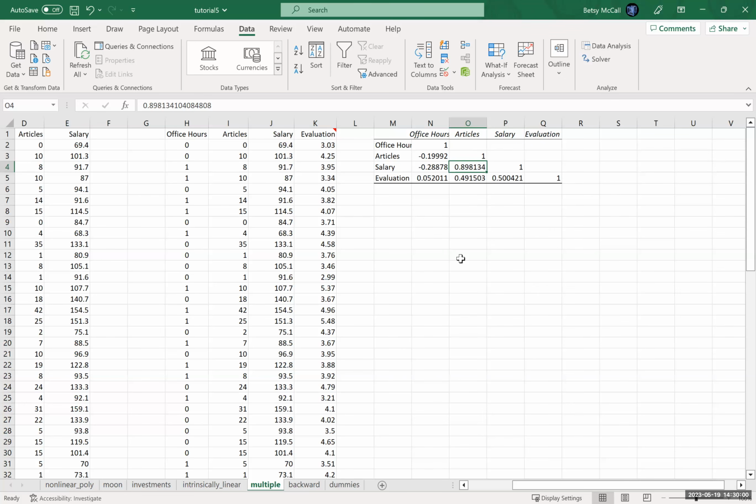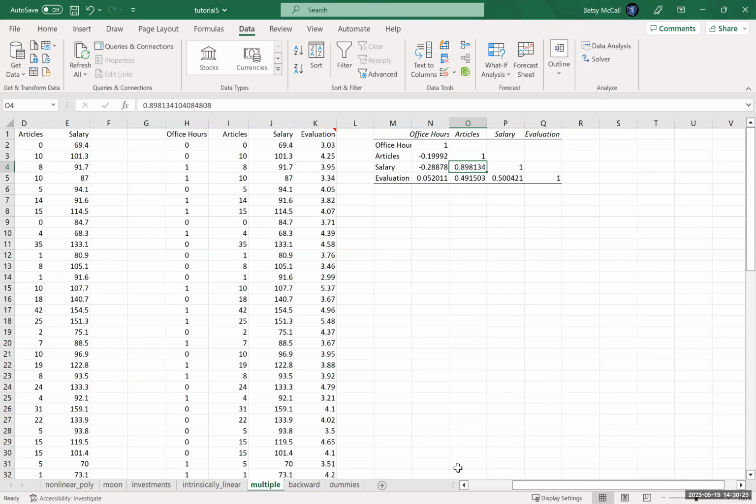And that is potentially problematic. We'll build the model and we'll see what the consequences are, but that would be a correlation high enough that it could be an indication of a collinearity problem that could show up in our model in terms of using these other variables to predict evaluation.